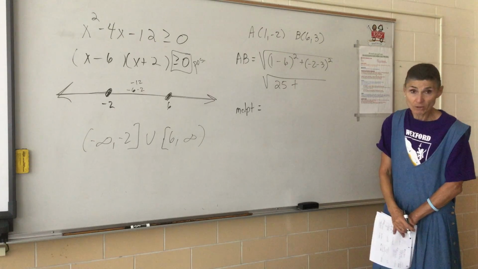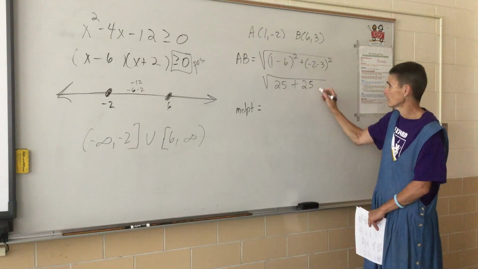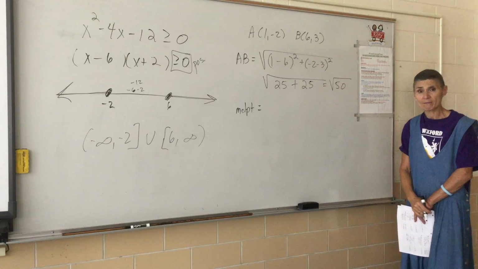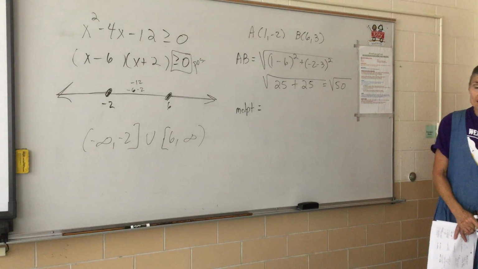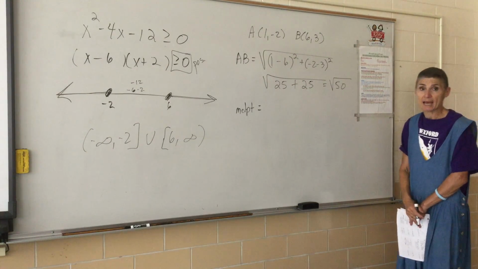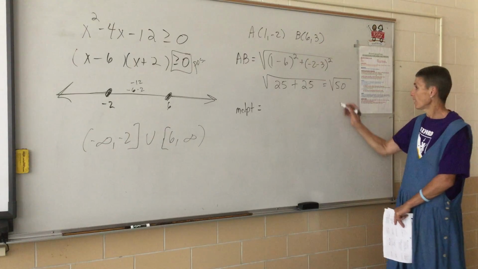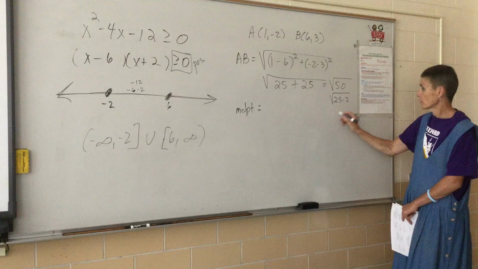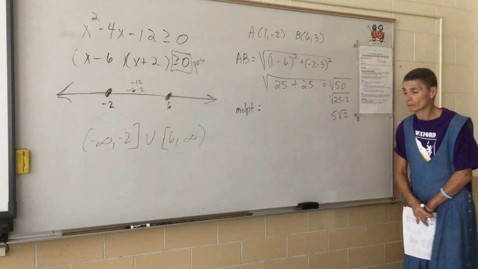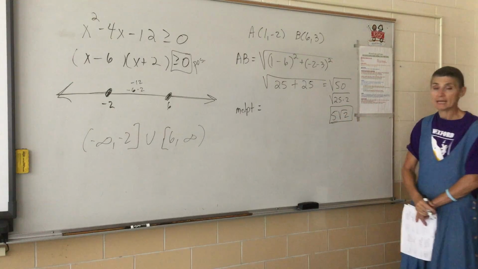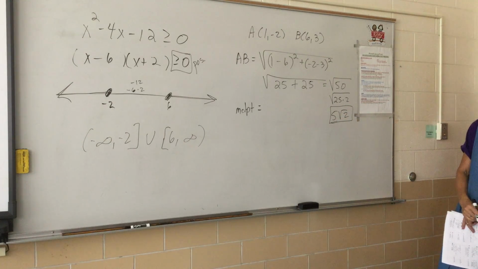That's -5 also. Squared is 25. So I end up with the square root of 50, 25 plus 25. And I'm not done until I've made sure I can't reduce that. Well, I can reduce that. 50 is 25 times 2. So the square root of 25 is 5, square root of 2. There is your final answer for your distance.